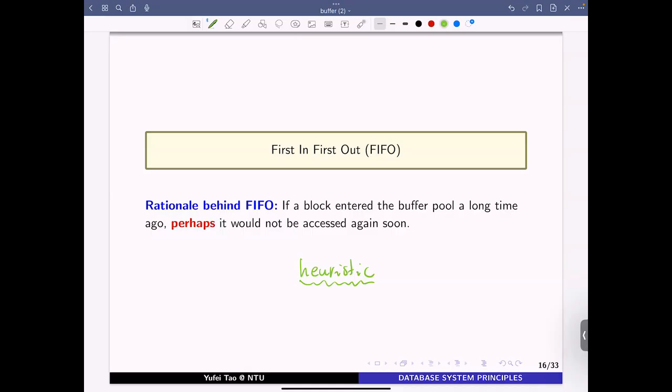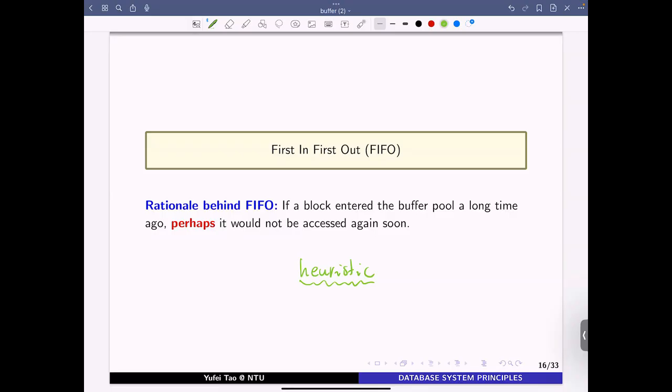That's just a heuristic, as I said. It's a conjecture. It may not be true. You can definitely create counterexamples to prove me wrong, but still, FIFO is not completely unreasonable in practice.